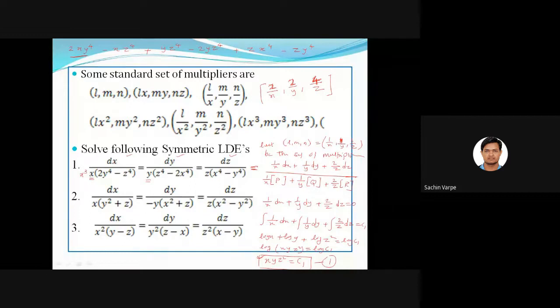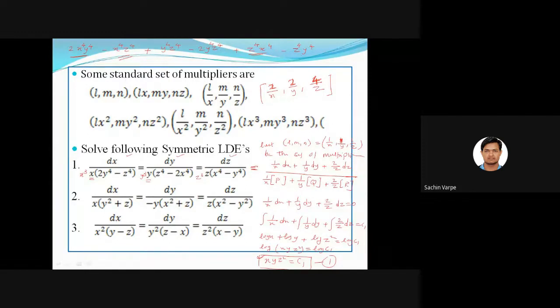When I multiply by x cube, that will be x raised to 4, right? So 2x raised to 4, y raised to 4. Then here by y cube, so that will be y raised to 4. Here also when I multiply by z cube, that will be z raised to 4. So will it work? x raised to 4, z raised to 4, yes, it is getting cancelled with this x raised to 4, z raised to 4, right?